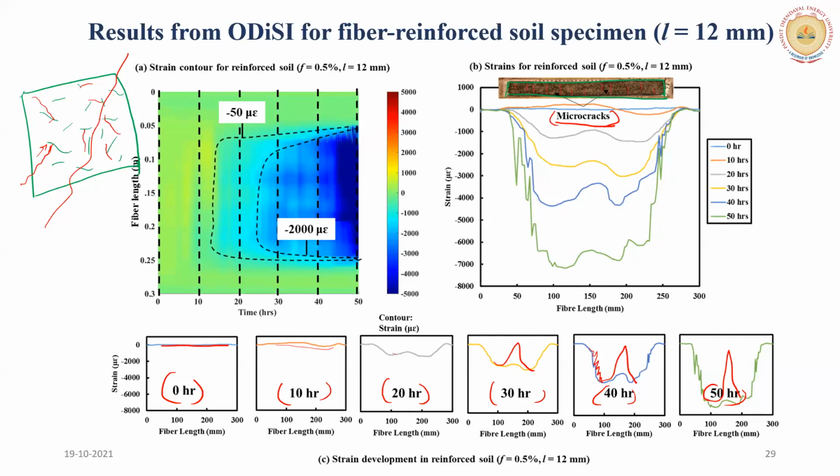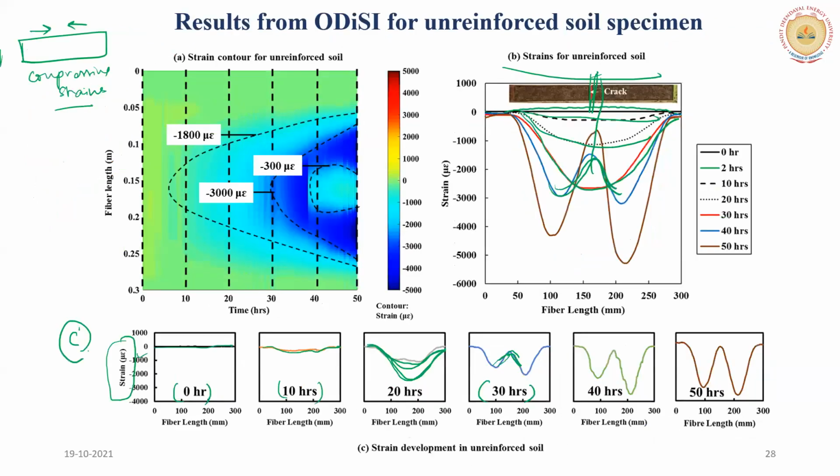The same thing was projected on a contour map. If you look at image A, I'll go back to the slide where I showed the unreinforced specimen. This contour map shows how the strain contours in the case of unreinforced soil developed with time.